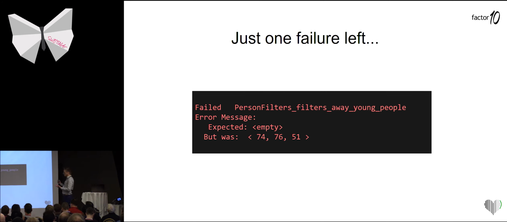You know, perhaps a test from the future where people live to 200. These are young. But this test failure is pretty nice. I can see that I expect nothing, no young people to remain, and I have a few young people that are there. But I still want to know more about why this happened.